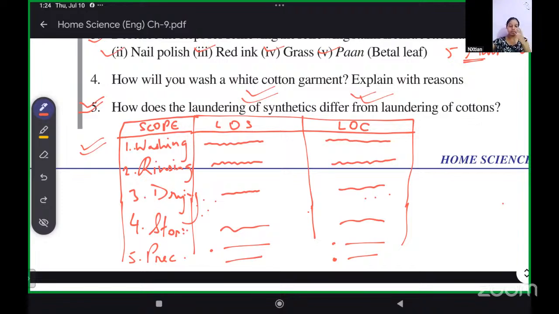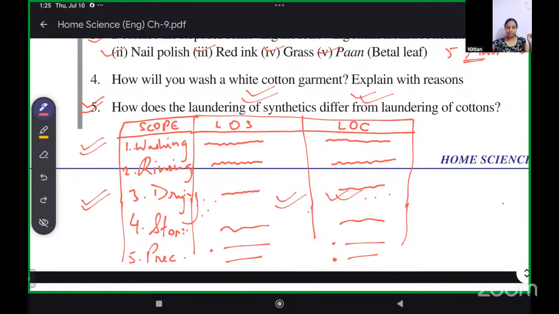Next point in scope is where they're obtained from: obtained from sheep and obtained from cotton plants. Then in the process of obtaining them, you can write process and mention wool fiber, cotton fiber. So that depends on what content you are putting inside them. On the basis of that only you will make the scope column.